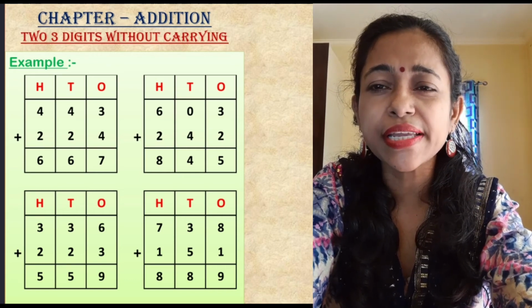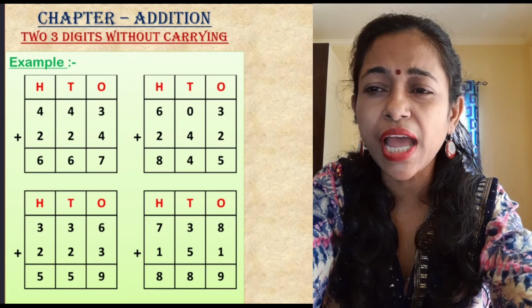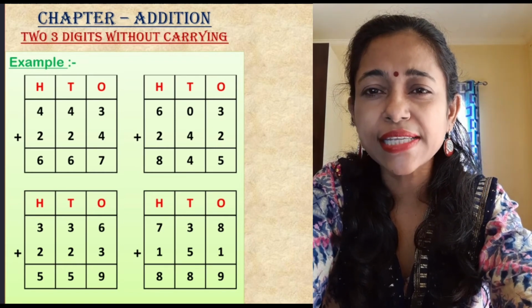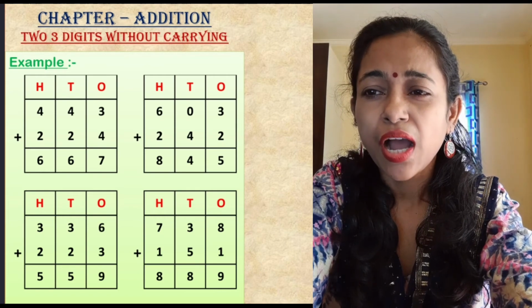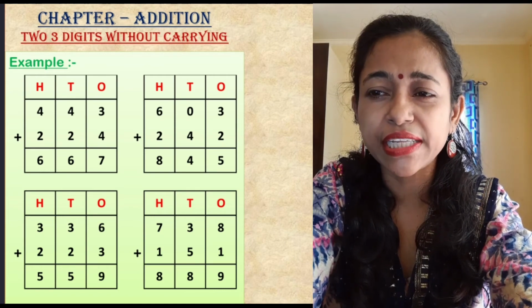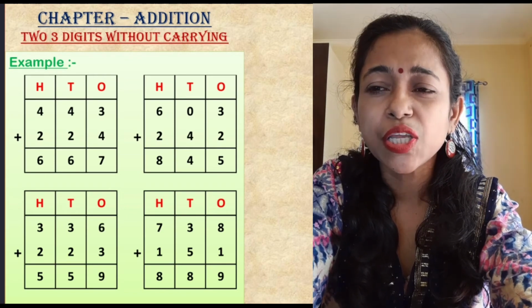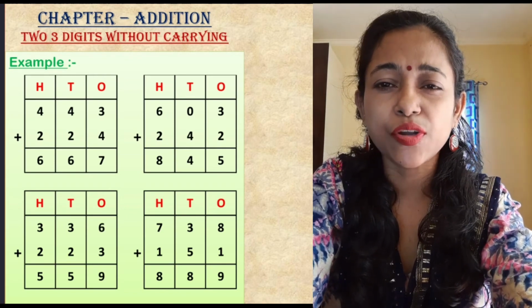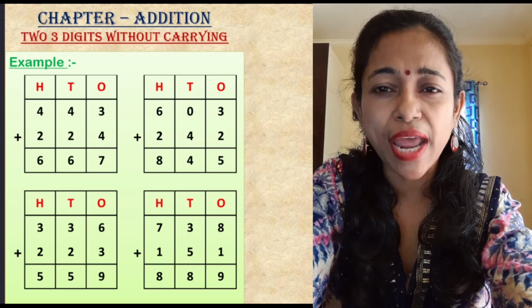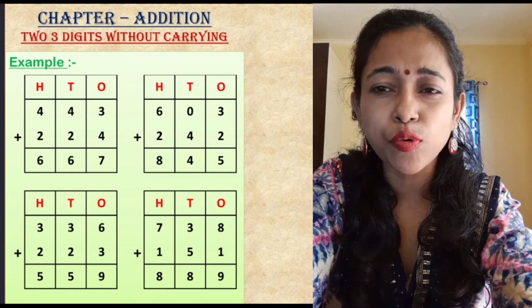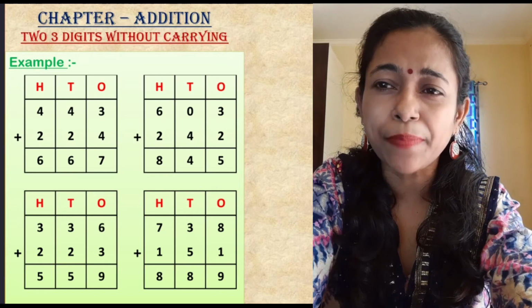So our answer is 559. And on the last example, we have again 738 plus 151. If you add up this, you get the answer 889 without carrying. So in this way, I hope you can do the practice session.